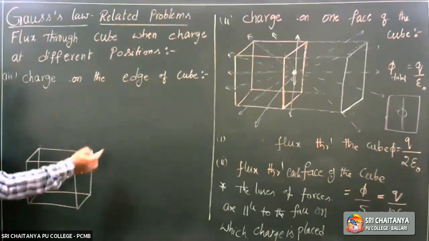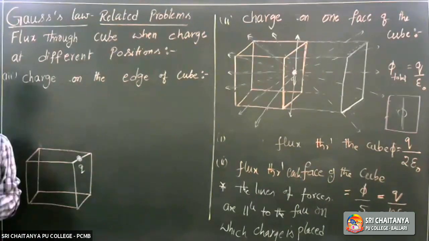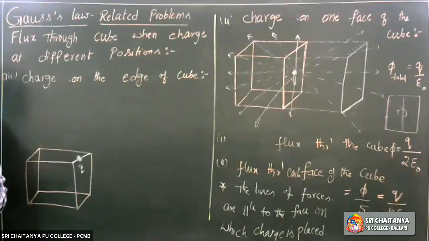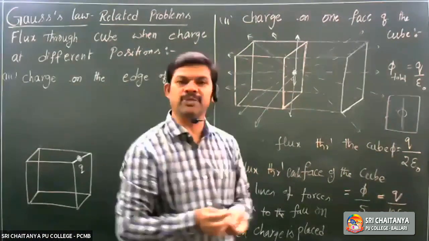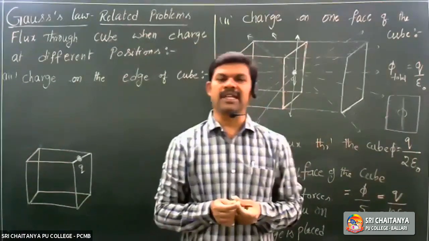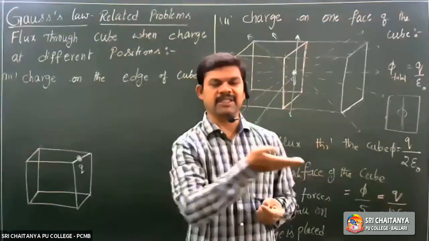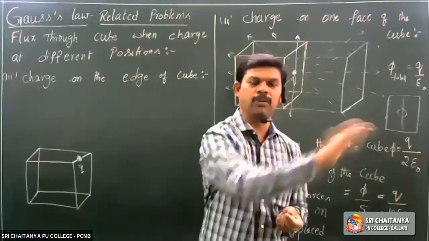See, I said a face is a part of 2 cubes. An edge is a part of how many cubes? Logically think, an edge is a part of how many rooms, how many cubes?